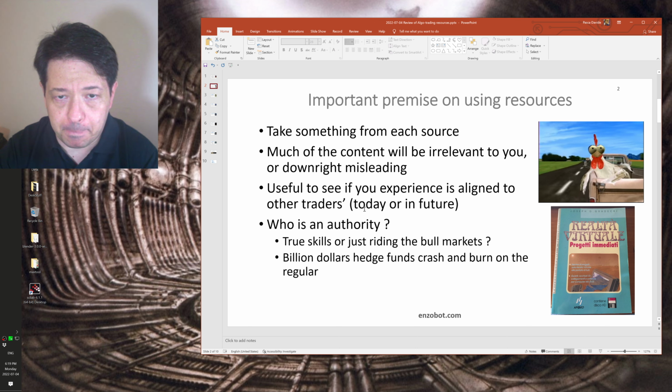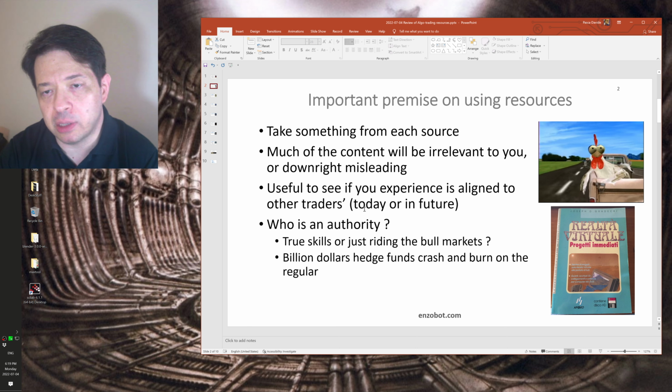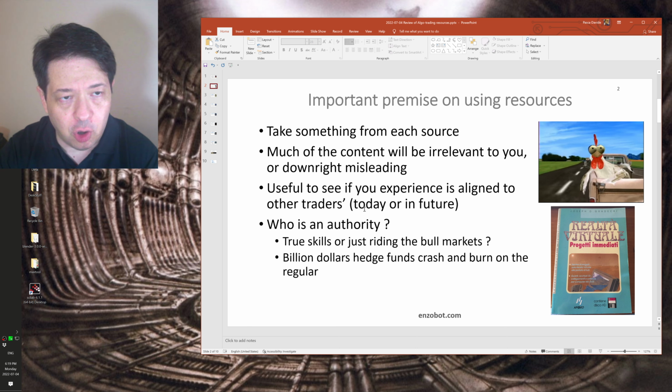Another premise that I would like to give is that this is a technical topic, and with everything technical, my approach is always to take bits and pieces from left and right. If I get a book, I don't read it from cover to cover. It's not a novel. There is no story there. What you need to know, you just go straight there.